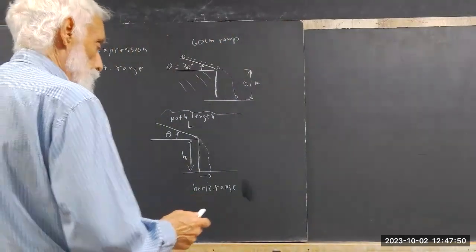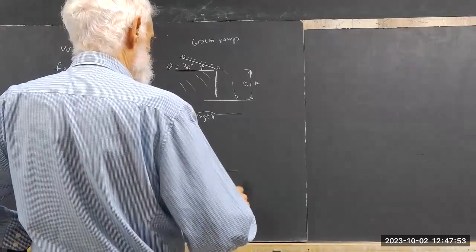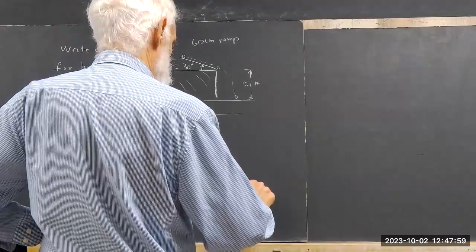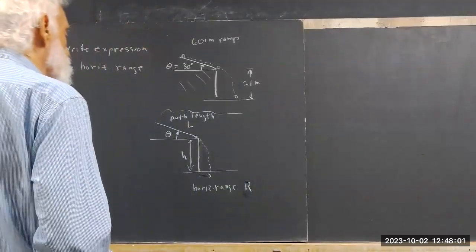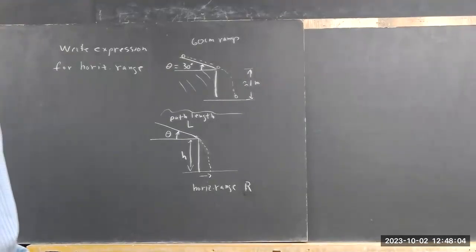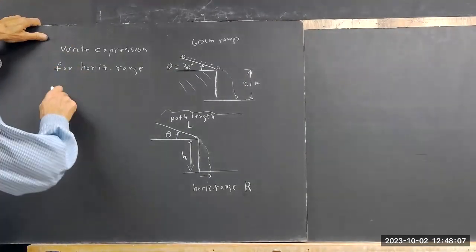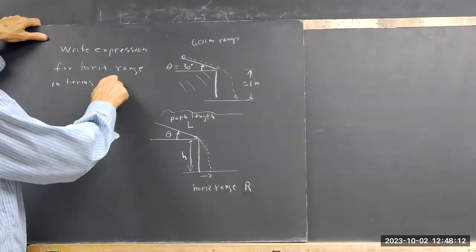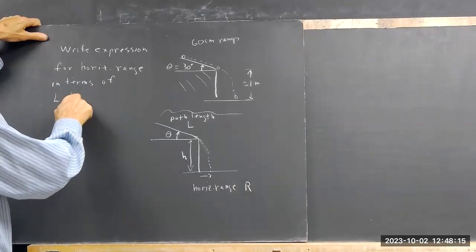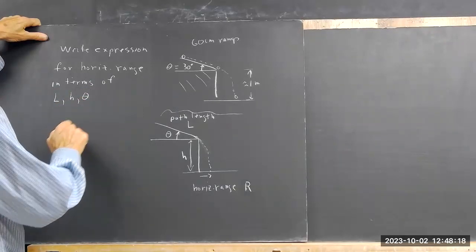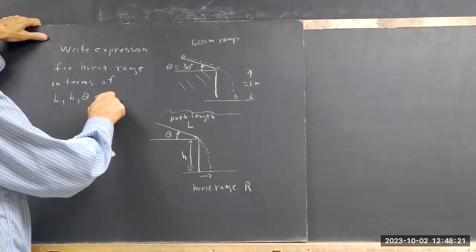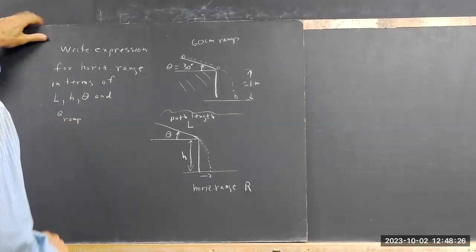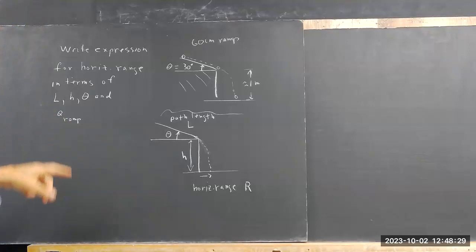So there's a horizontal range, R. One expression for the horizontal range in terms of L, H, theta, and a_ramp, which is the acceleration on the ramp.